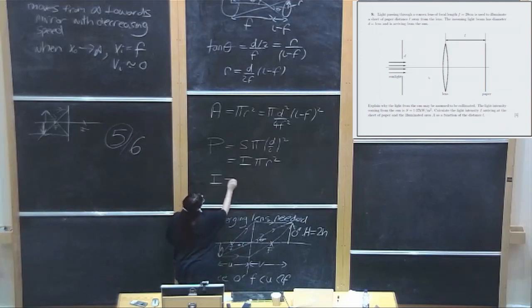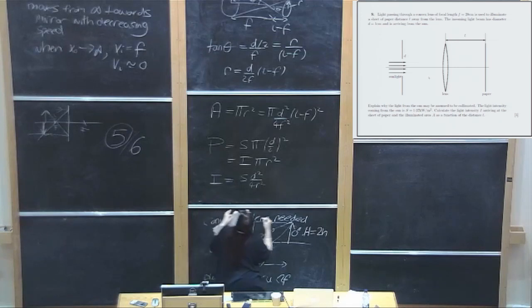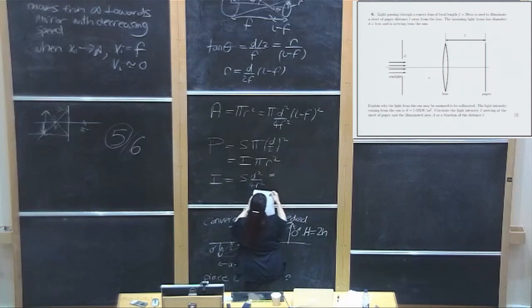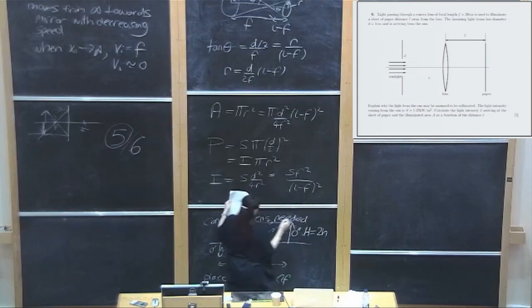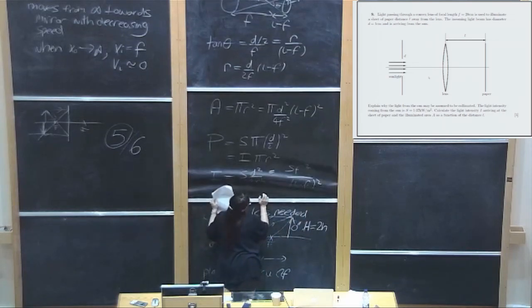So I've got I equals S d squared over 4r squared, and if I put in my value for R from above, it equals S f squared over (L minus f) squared. A couple of sanity checks on this.